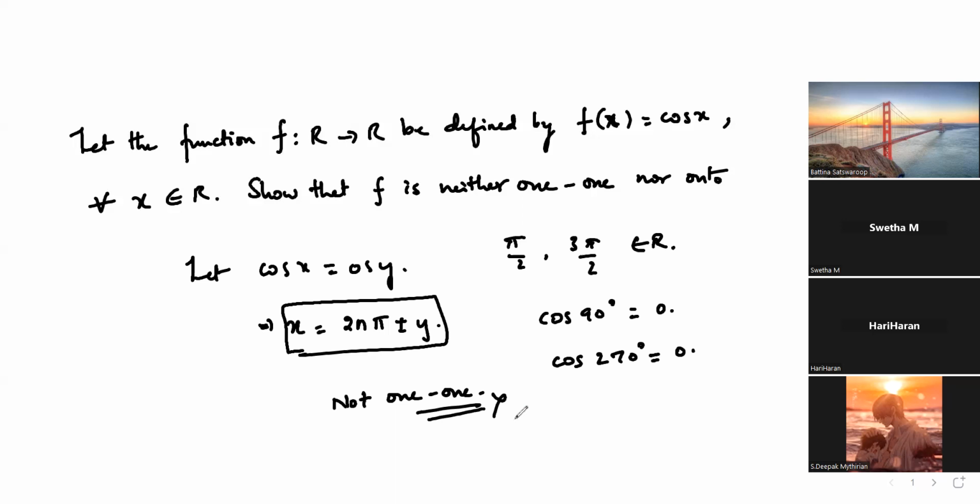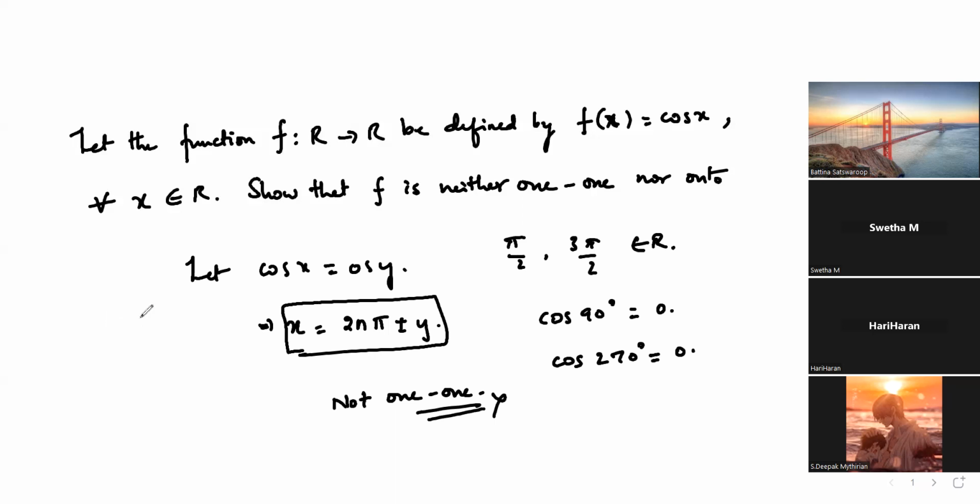Now checking for onto. Just take some values.